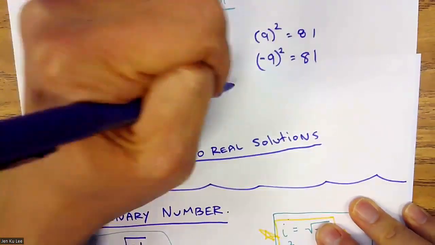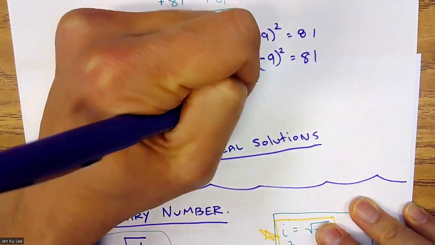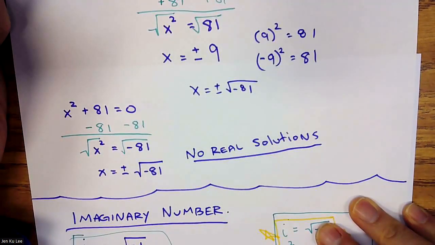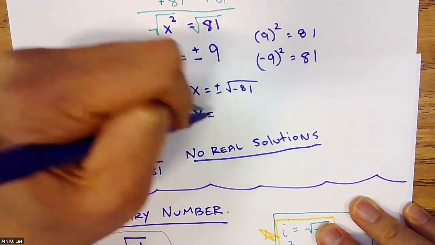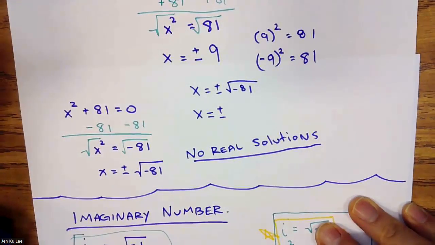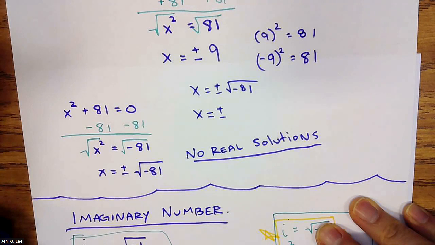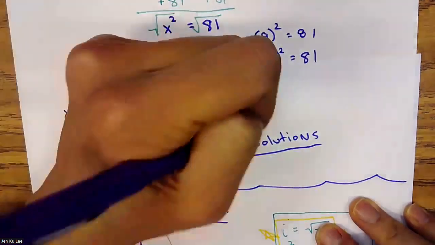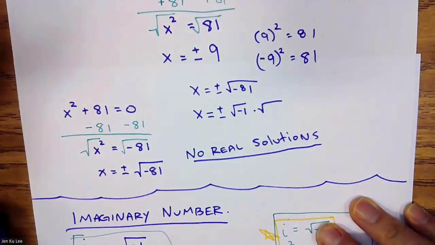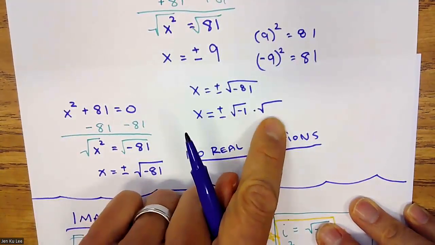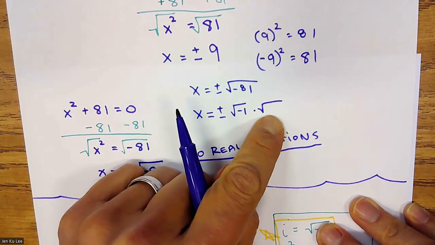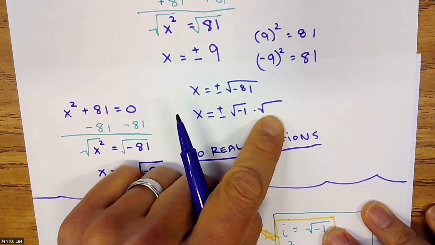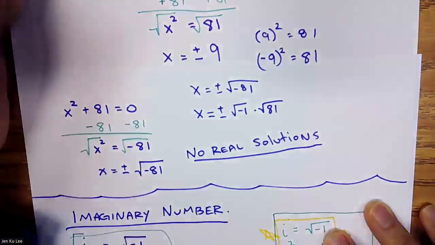X equals plus or minus the square root of negative 81. Negative 1 times the square root of 81, right?